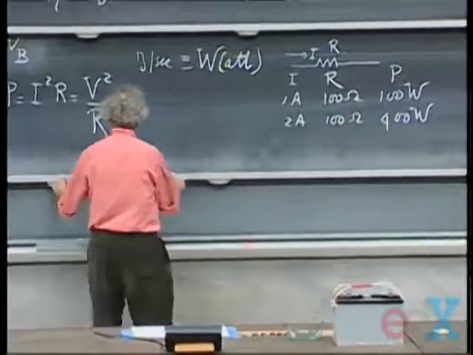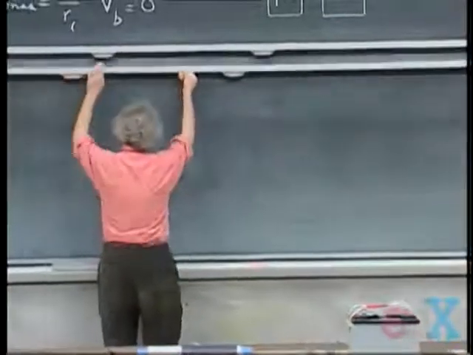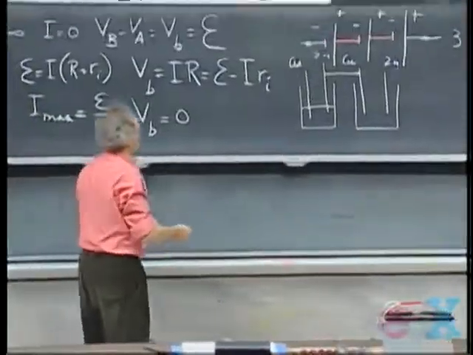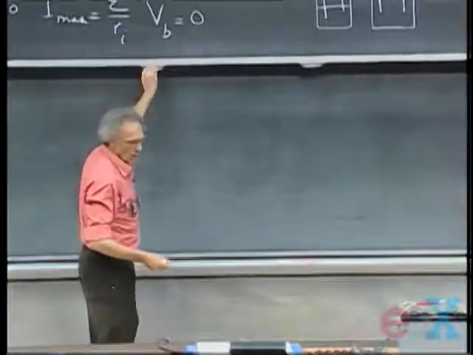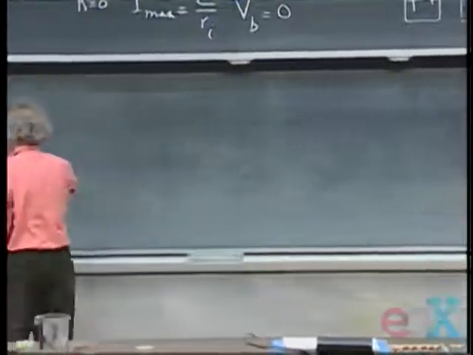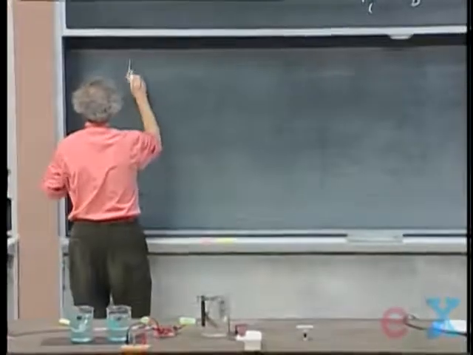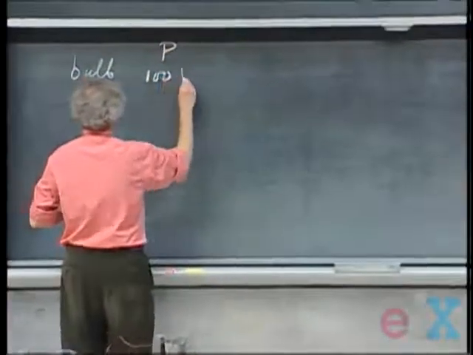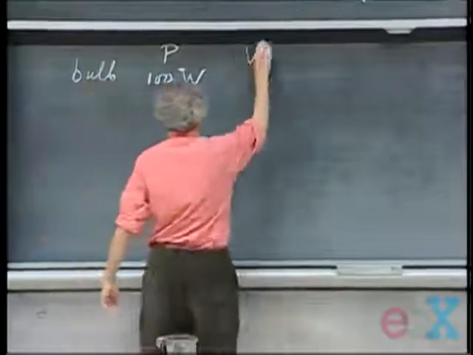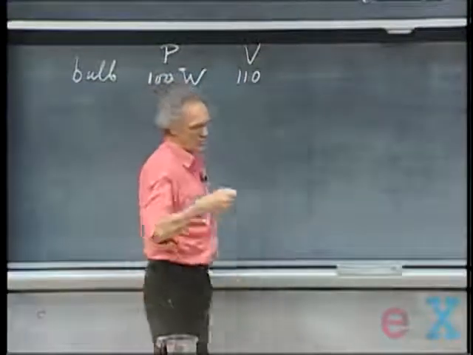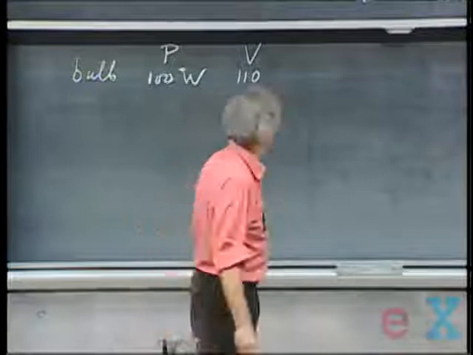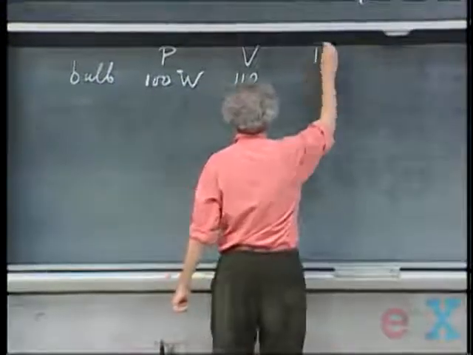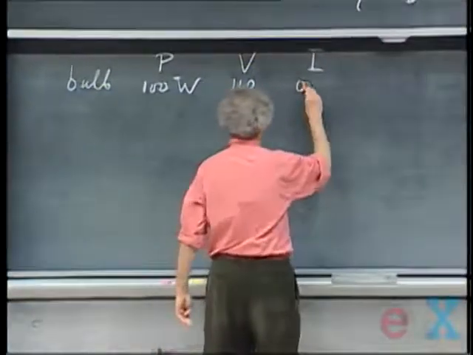So for instance, a 100-watt light bulb, let's work on here. So if we have a 100-watt light bulb in your dormitory, and the voltage is 110 volts, you just plug it into the wall, then the current that will run is about 0.9 amperes.